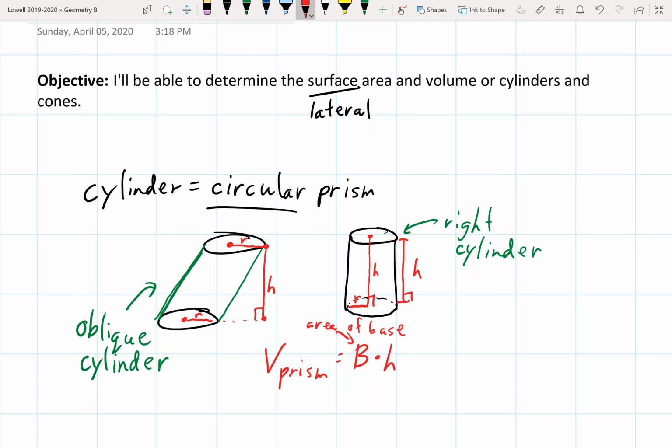Now, if the thing we're looking at is a circular prism or cylinder, what is the area of that base? Well, since the base is now a circle, I would need to know the radius. Assuming that we are given the radius, then the area of that base is just pi r squared. And then the height is still just the height. And that would be your volume of a cylinder.